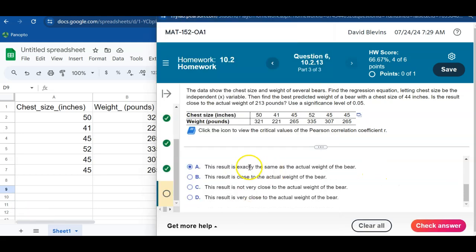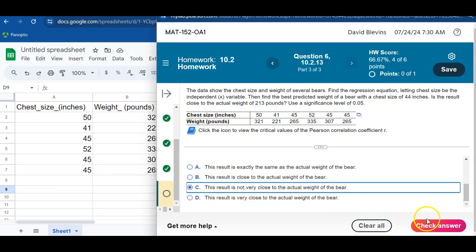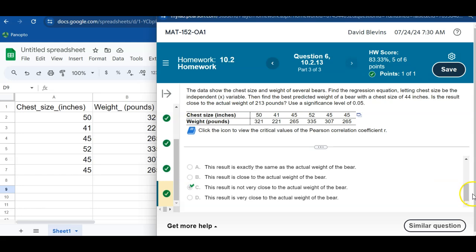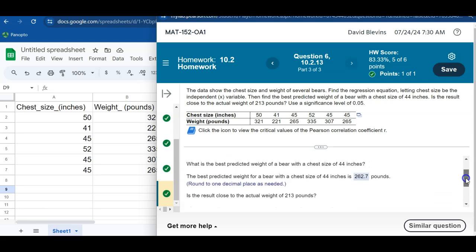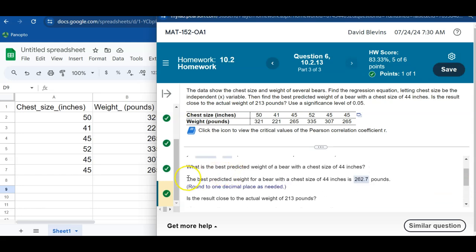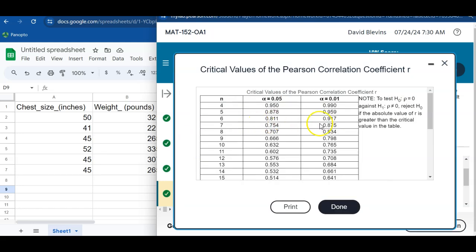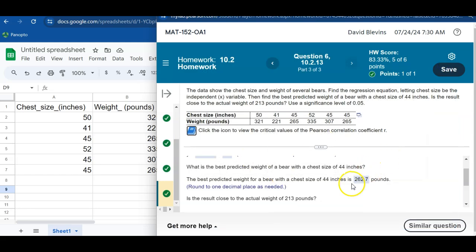So since it's beyond that 5% threshold that we've been using for close, we would say this result is not very close to the actual weight of the bear. So that's that particular question. But the new thing we're doing in this question is the prediction, using the line or the mean. Use the line if the correlation passed the correlation test, if we clear the number it's asking you to. Use the mean if it doesn't clear that number.